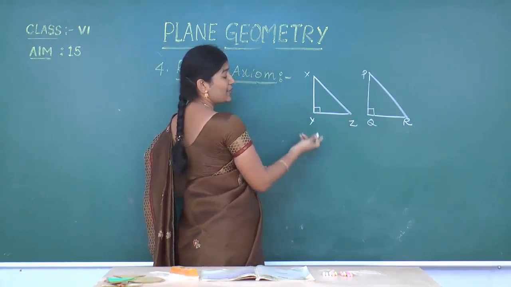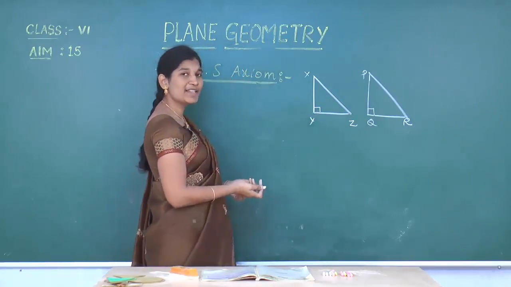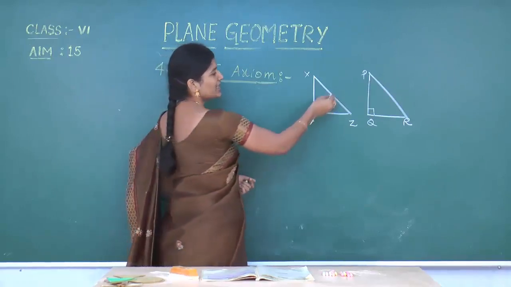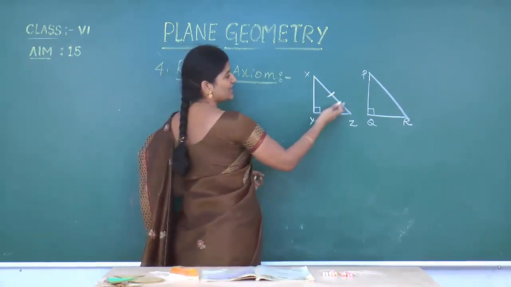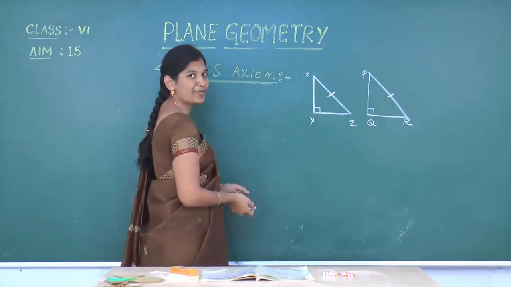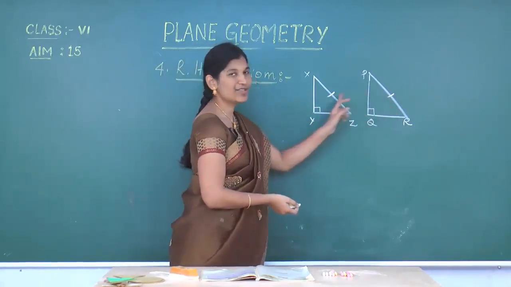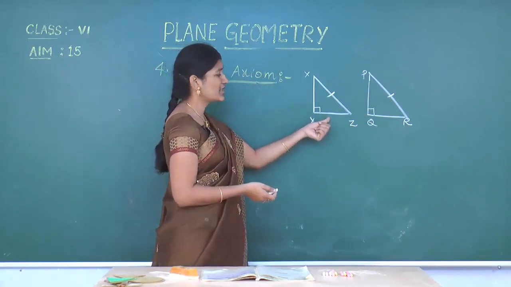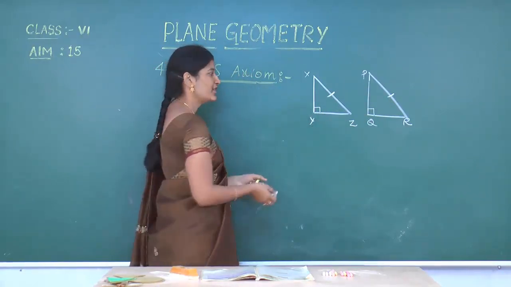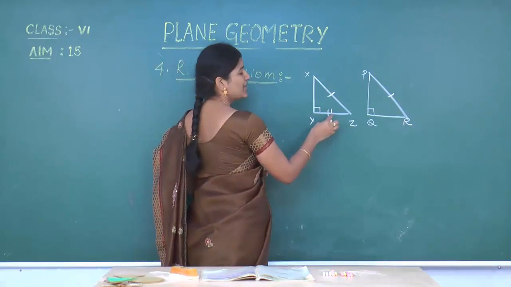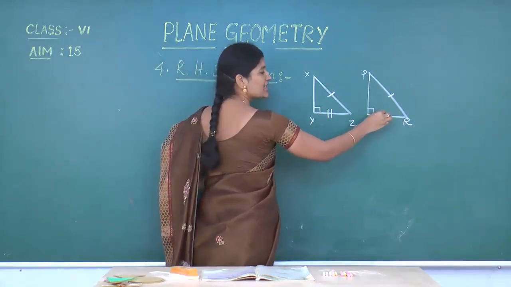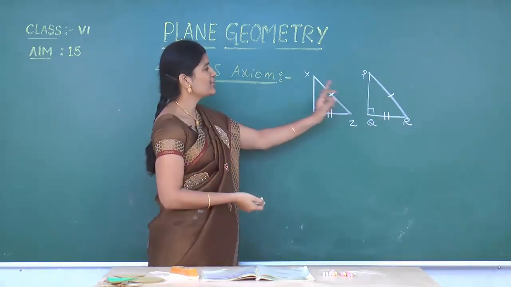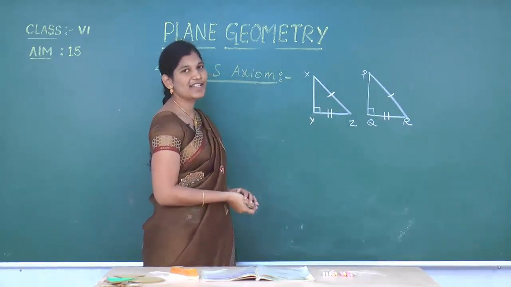Now for this hypotenuse, where hypotenuse means the side which is opposite to the right angle, this is the hypotenuse, and in the same way here it is the hypotenuse, and the corresponding hypotenuses are equal. Now let me select one more side. We can select this one or this one, no problem. Now I am going to select this one, and the corresponding side is this one. So we can say these two triangles are congruent to each other.